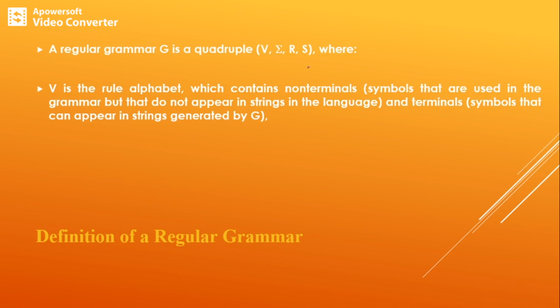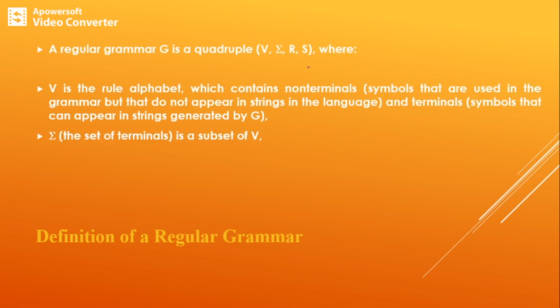That is, the symbols that are used in the grammar but that do not appear in the strings in the languages, and terminals can appear in the strings generated by G. So always remember that terminal characters are part of the string, whereas a non-terminal is just a symbol used to specify the rule.